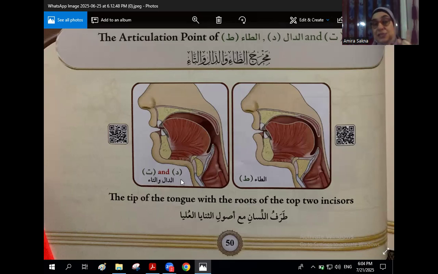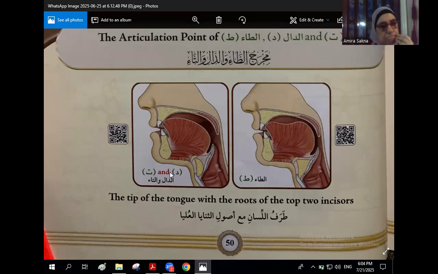That's why two letters are pronounced from the same articulation point, but their sounds are completely different. This is Dal and this is Ta. Those are two different sounds because they differ in their characteristics, in their sifat.